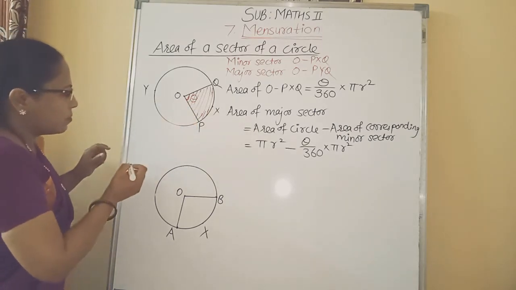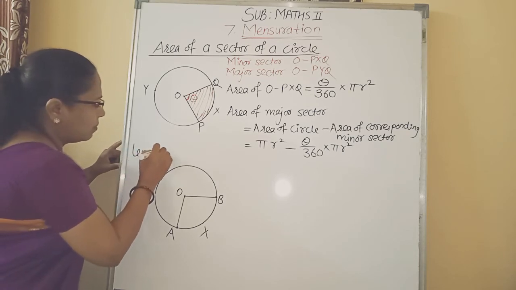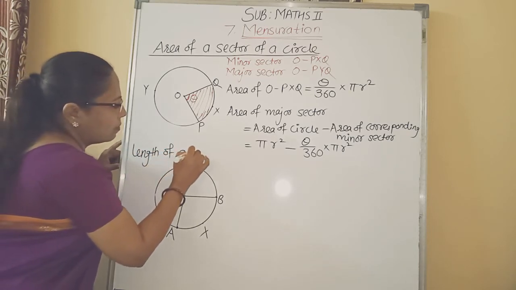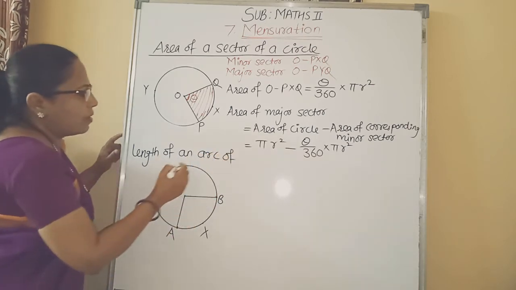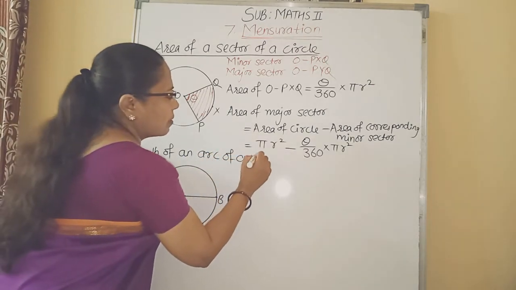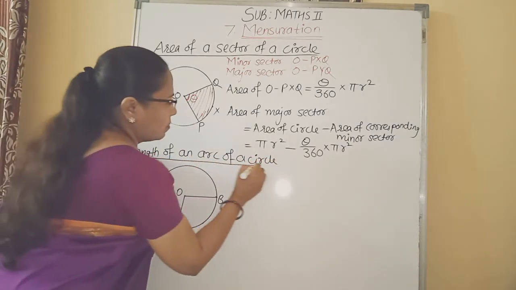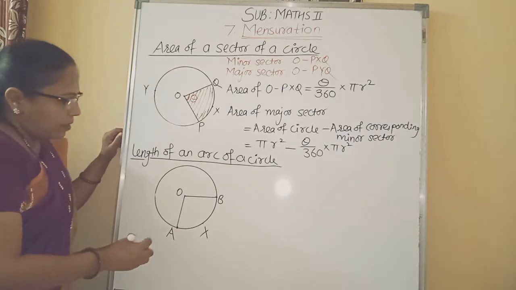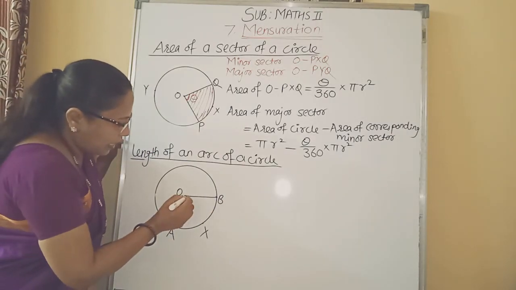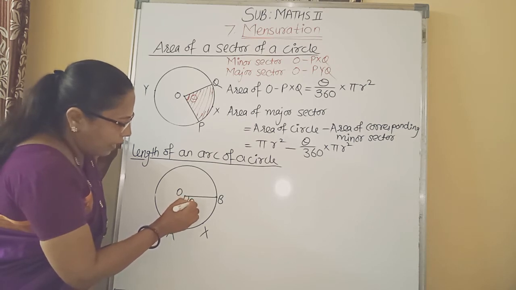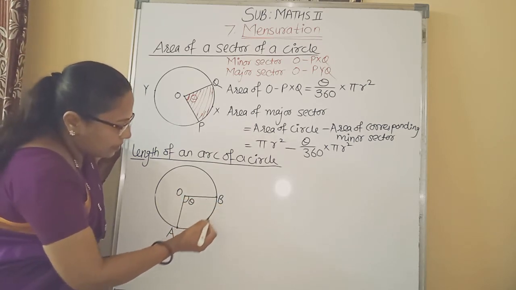Next formula we have to see length of an arc. Length of an arc of a circle. Okay. So here AOB is central angle which is denoted as theta, and AXB is the minor arc.